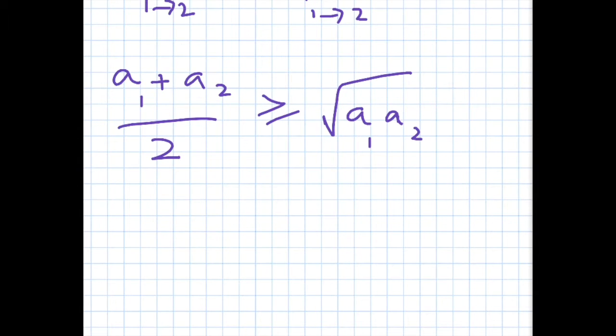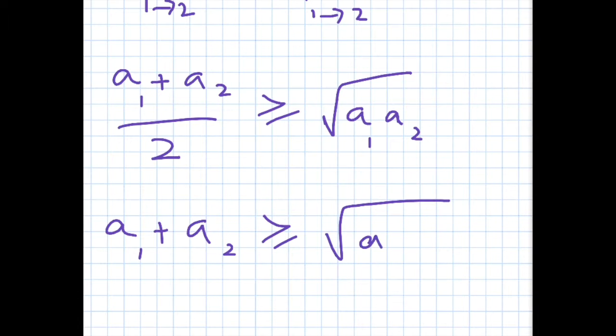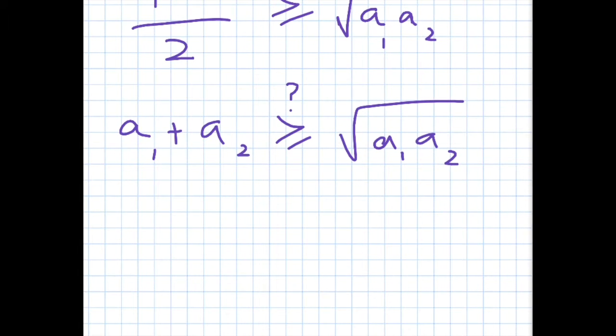Now I can take this 2 to the other side. So a1 plus a2 is greater than or equal to 2 root a1 a2. I put a question mark because we have not proved it yet. Then we can bring this 2 root a1 a2 to the other side.